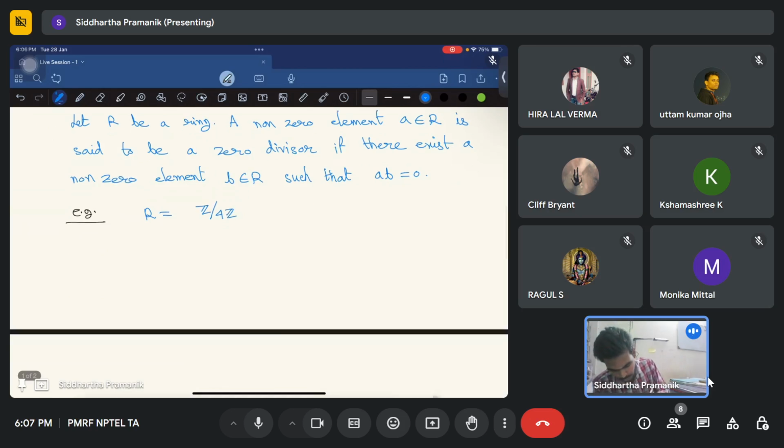We all know that this is basically 0 bar, 1 bar, 2 bar, 3 bar, right? Here you can check 2 bar is a zero divisor because 2 bar times 2 bar is basically 0 bar.